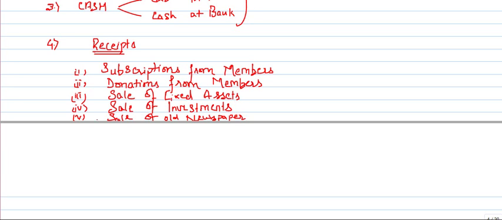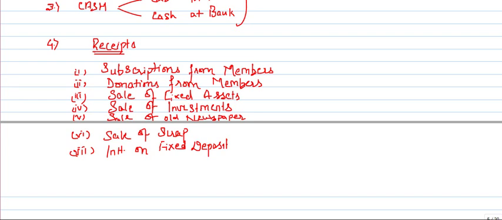If you are using that money for the NPO, that will also be your receipt, right? Then sale of scrap. Then what else can be there? Interest on fixed deposits. So basically anything that is coming into your pocket.